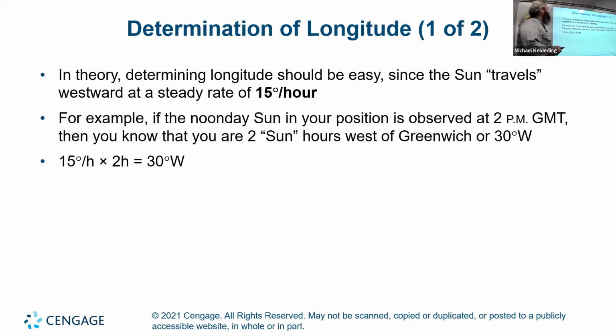And in theory, determining longitude would be easy because the sun travels westward at a steady rate of 15 degrees per hour. And it is easy if you have a clock that was set at a known location that keeps good time.